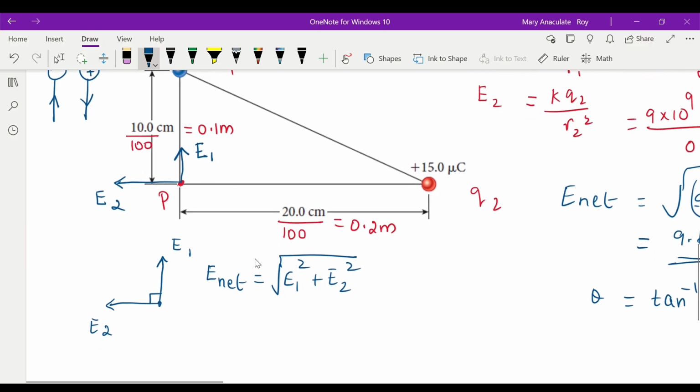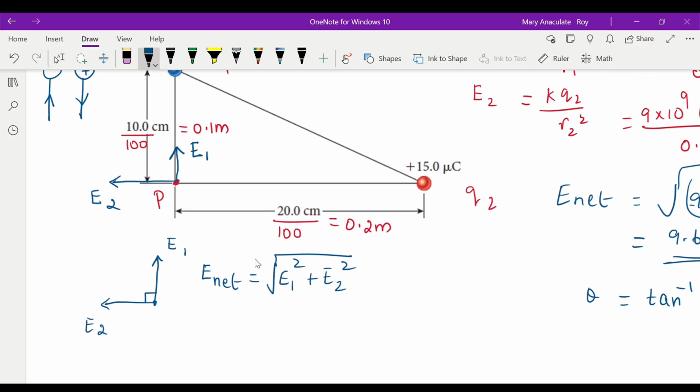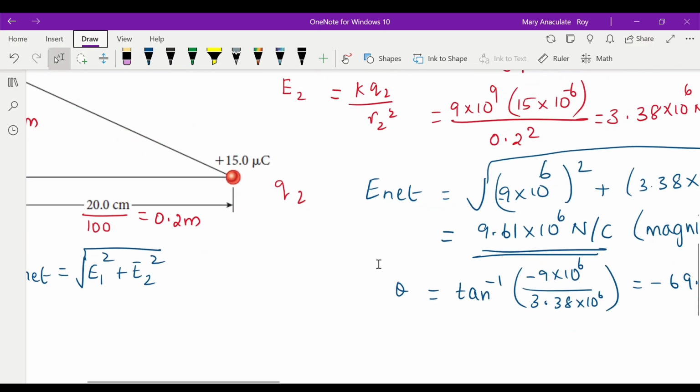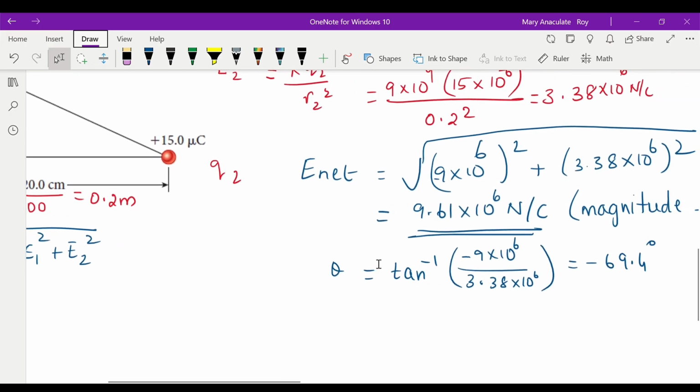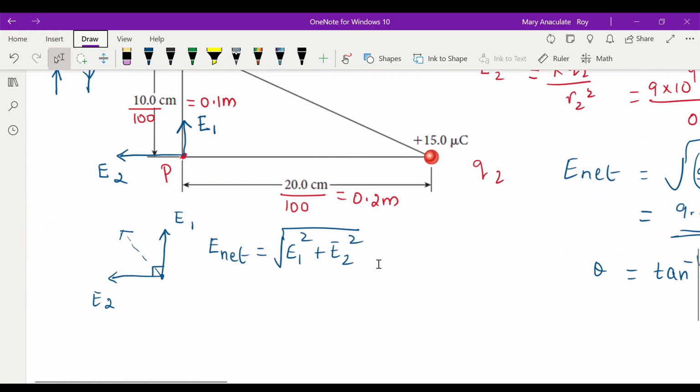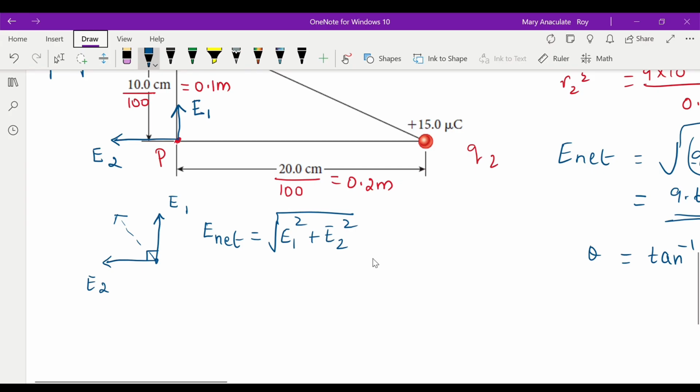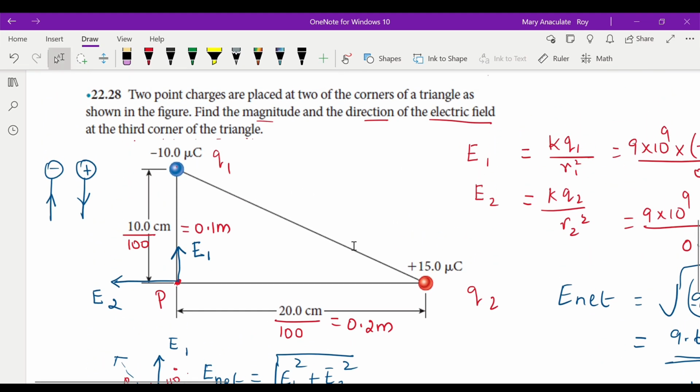So the angle is negative 69.4 degrees we got. Or if you want to take it from the x-axis, this will be 180 minus 69, around 110 degrees, from the x-axis to the left. So that's the whole solution of this question.